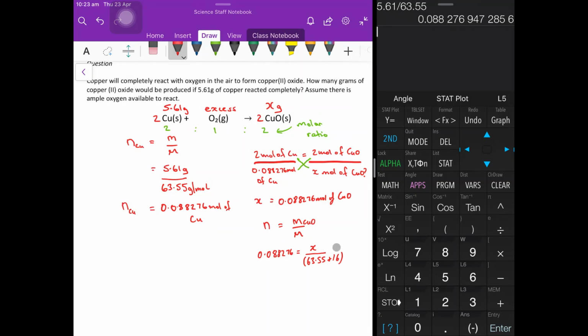So I go back to my calculator. I'm going to use this whole value up the top here to improve my accuracy.